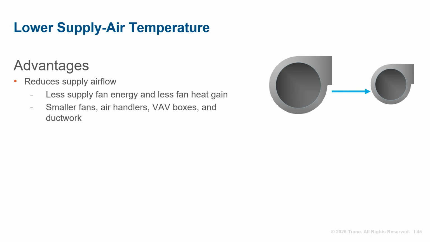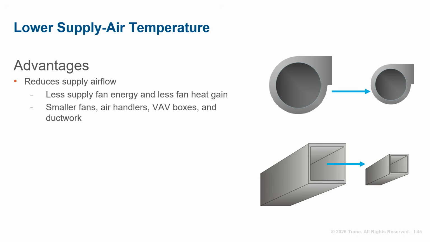This can significantly reduce fan energy use, and it can also allow fans, air handlers, and VAV boxes to be downsized, which reduces installed costs. Sometimes ductwork is also downsized, which further reduces installed costs. Another advantage is that delivering colder air means that the air is drier, which can lower indoor humidity levels.